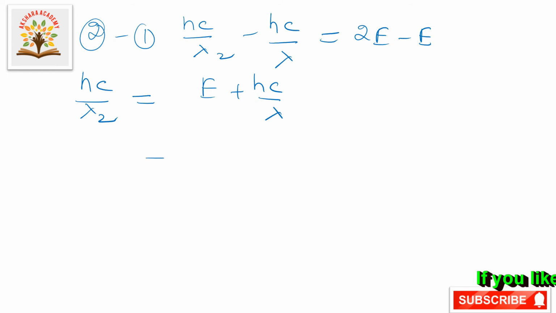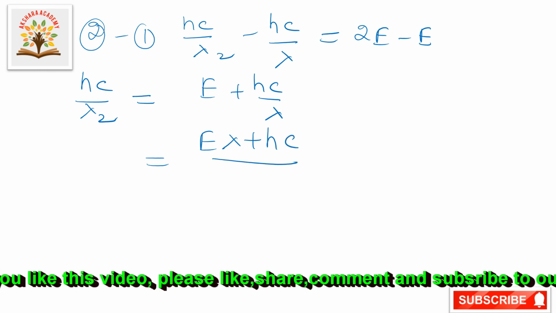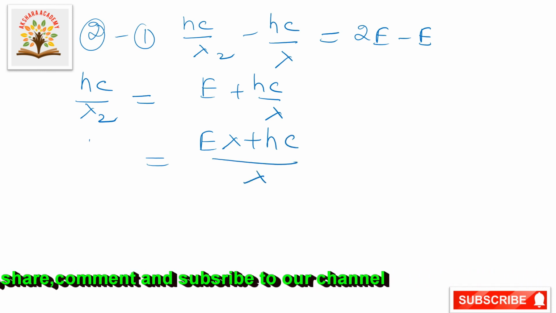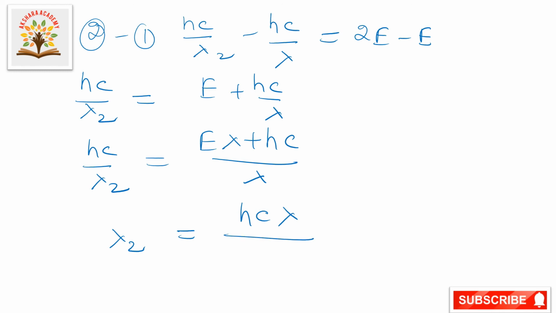Taking LCM, that is equal to E lambda plus Hc by lambda. So lambda 2 is equal to, after cross multiplication, Hc lambda by E lambda plus Hc. Okay, next we will go to the next question.